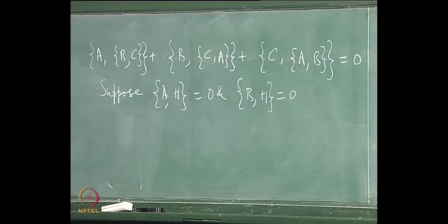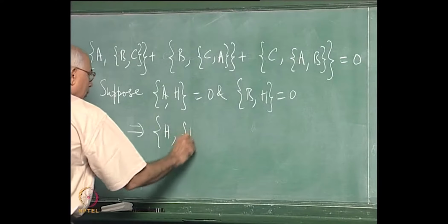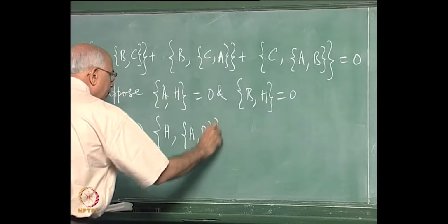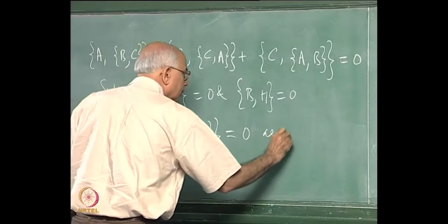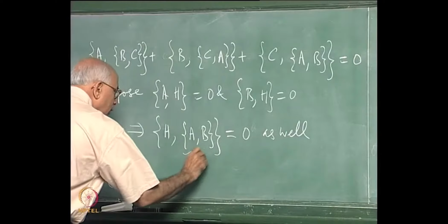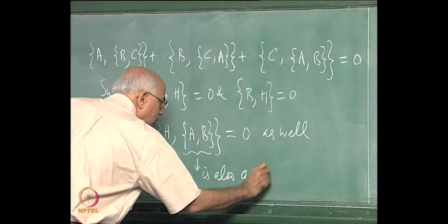Exactly, precisely. So this implies that H with the Poisson bracket of A with B is also 0. Therefore this quantity here is also a constant of the motion.